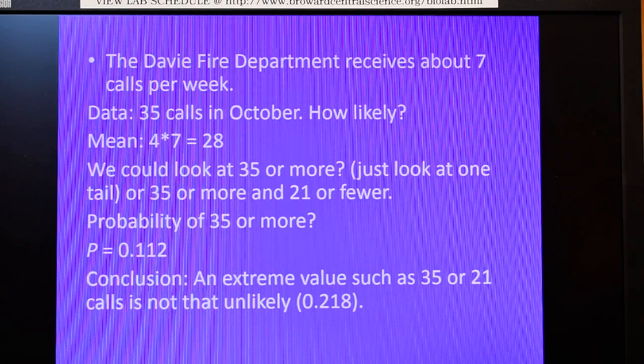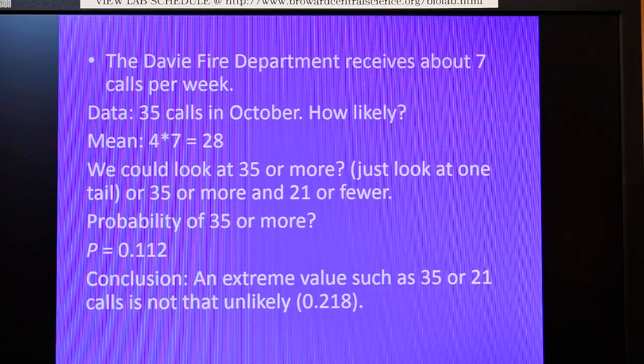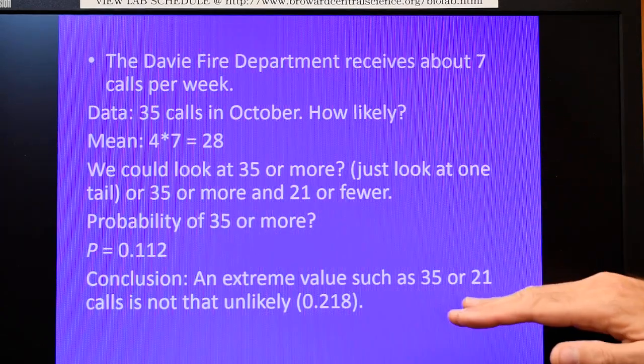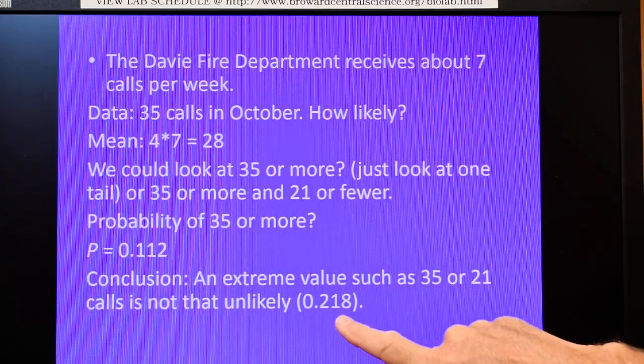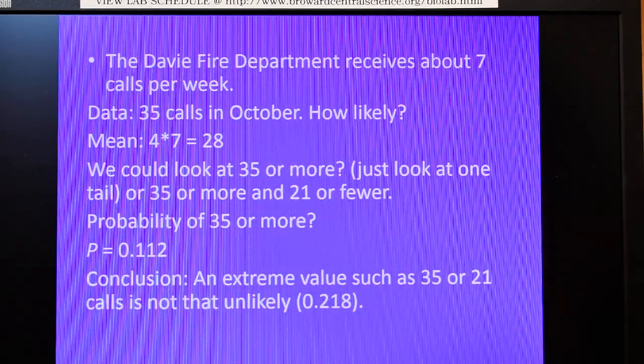There's a 21% or 22% chance that that's going to happen in a year. So it's really not unusual. What this is telling us is it's not that unusual to get a really high score in a single month.